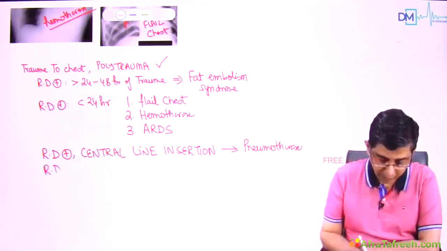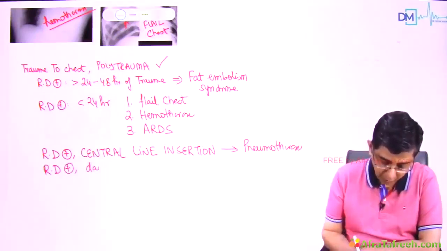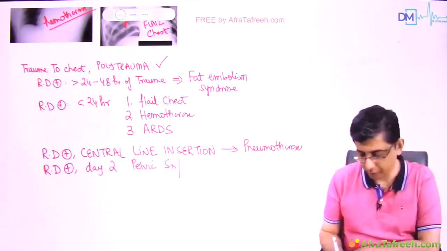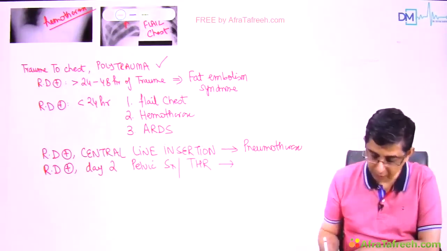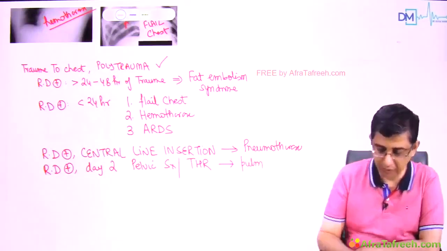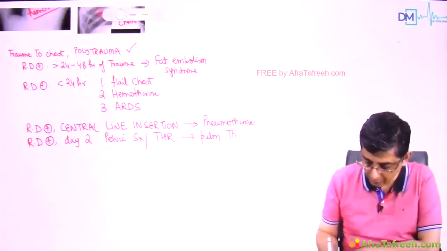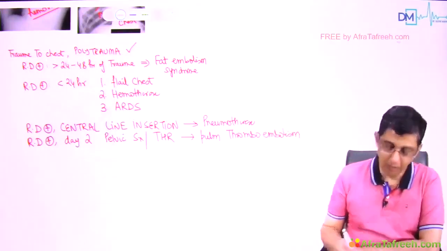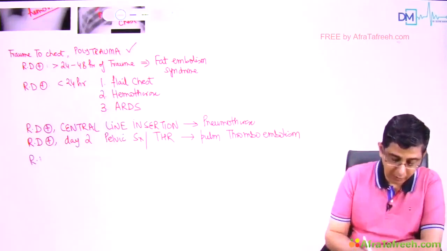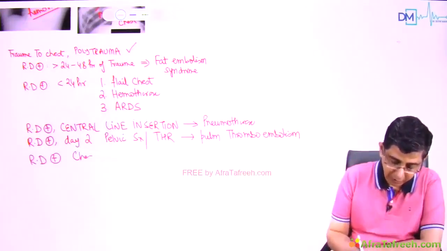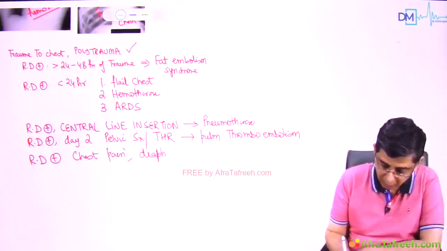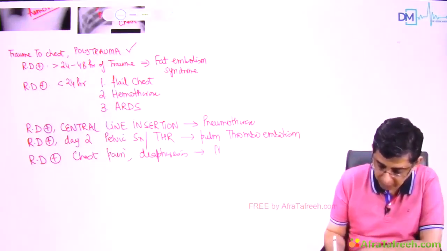However, if the respiratory distress is developing usually on day 2 of a pelvic surgery or an orthopedic implant surgery like total hip replacement, then you have to think in terms of a pulmonary thromboembolism. On the other hand, if there is respiratory distress with chest pain and excessive sweating in a patient, then you have to think in terms of obviously a myocardial infarction.